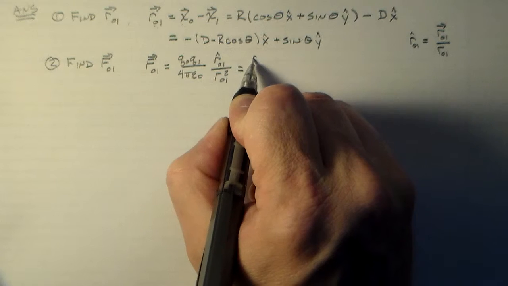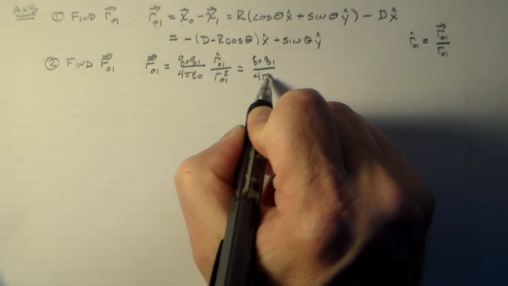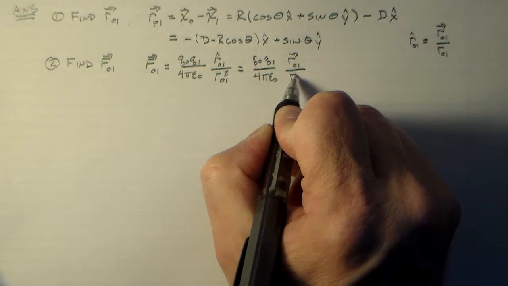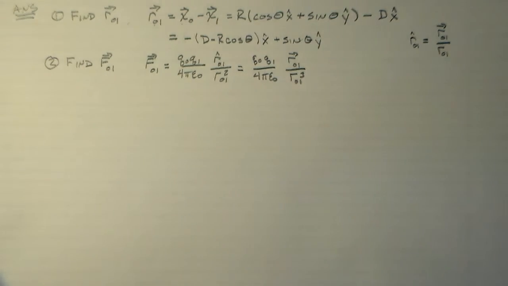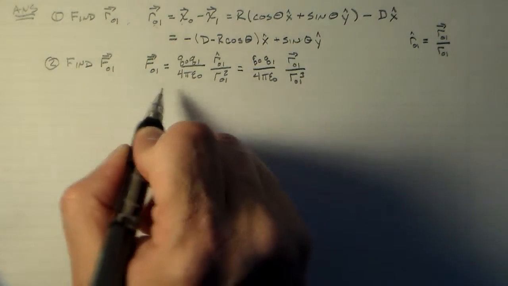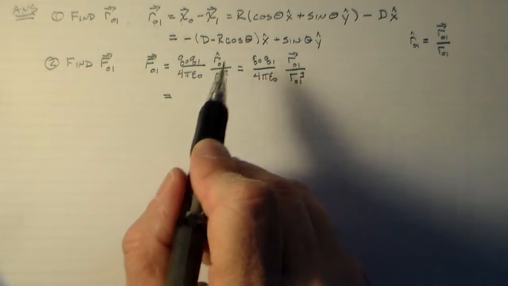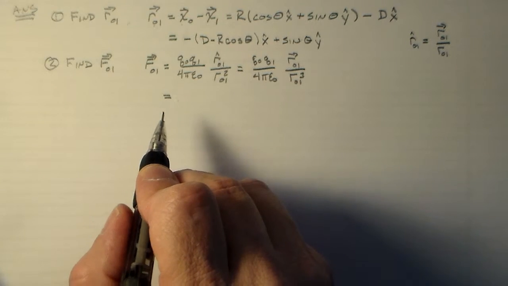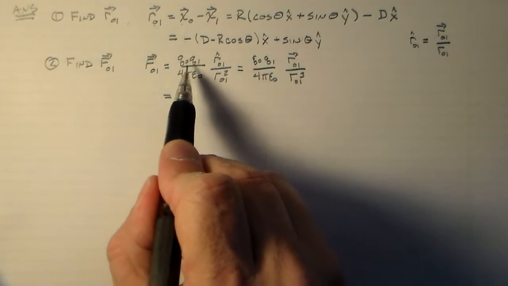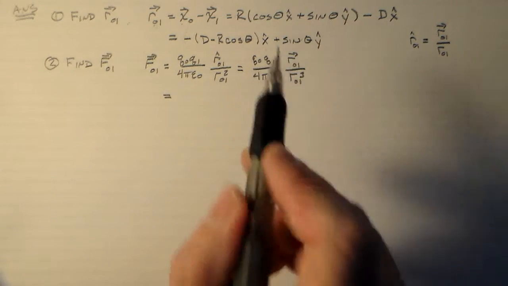So that means we're going to have Q0 Q1 over 4 pi epsilon naught, R01 over R01 cubed, right? And then we put it all together, and we start using the values that we had at the beginning, q and minus q, and this vector up here.